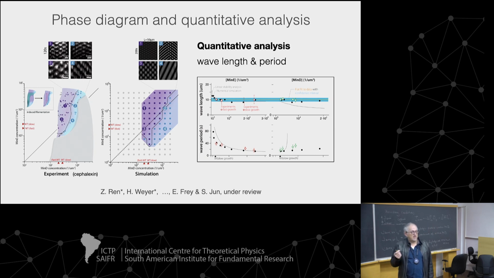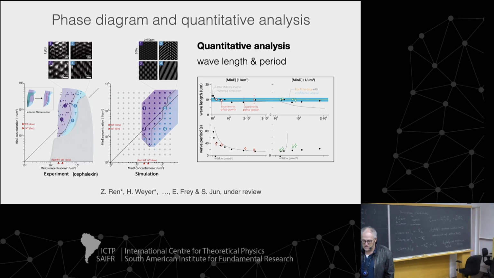And if you have a subcritical bifurcation, then you can do linear stability analysis, and the length scale and time scales are really those that you find from linear stability analysis as in a Turing pattern. And that also, as you can see, the numerical data agrees with what they see experimentally.